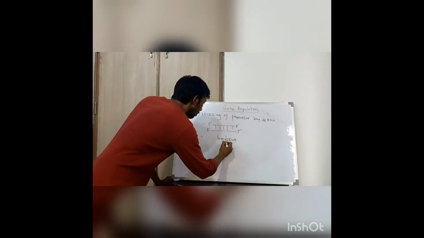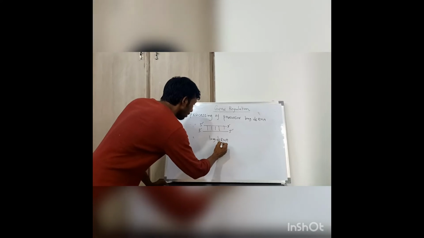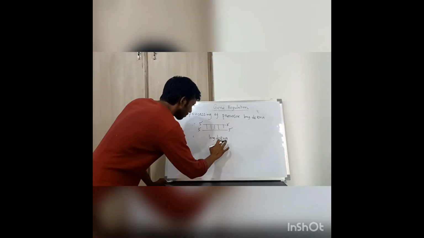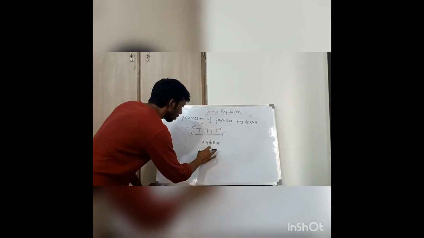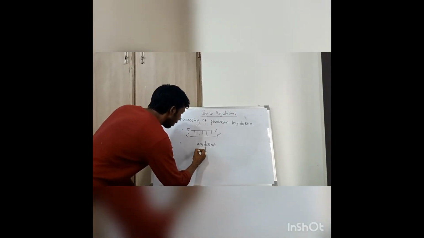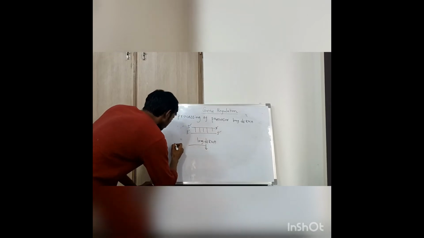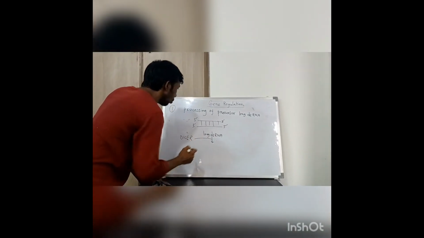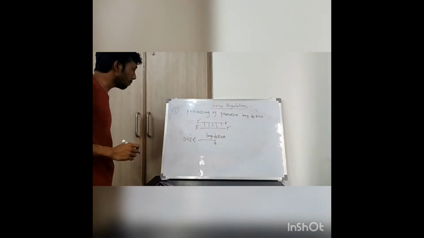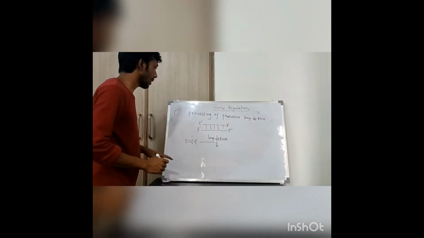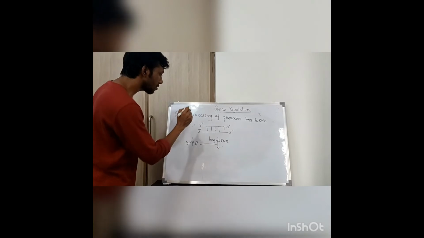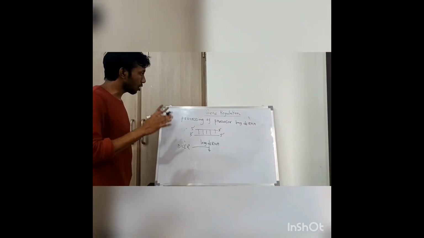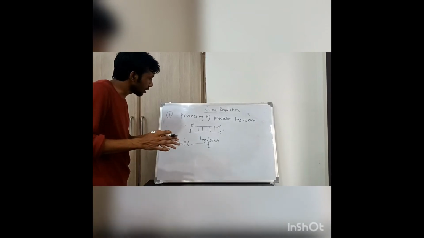Now here, Dicer will bind to this double-stranded RNA, and it will process this long double-stranded RNA to form lots of short stretches of RNA.